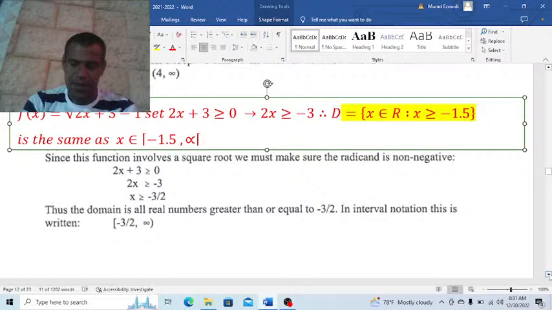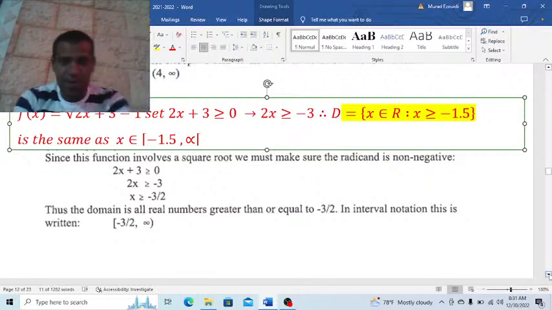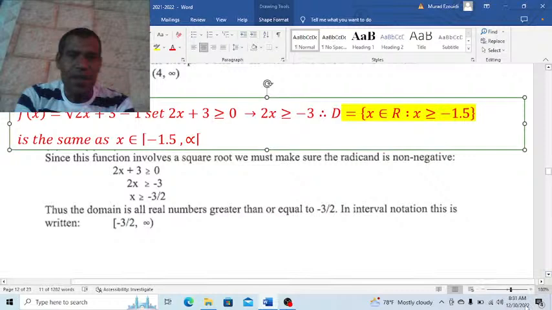Okay, now I just move to the next part. We continue, learners. Now it's clear that x is more than or equal to negative 3 divided by 2, which is negative 1.5.